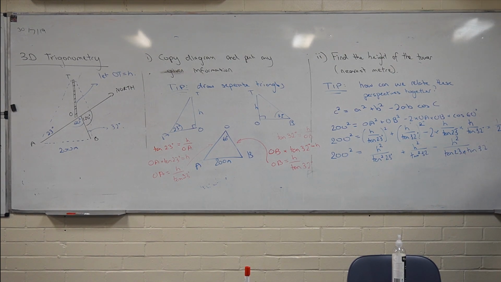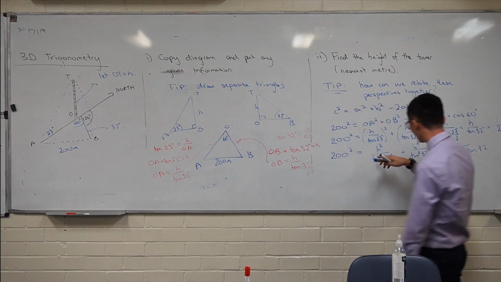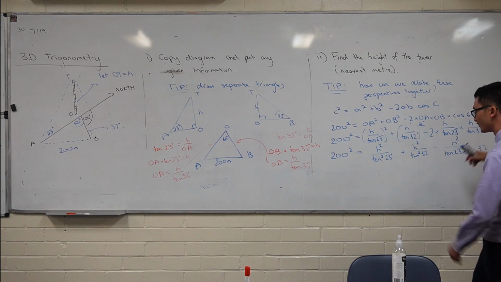Now, what's the whole goal of this? The goal is finding H, the height of my tower. If I want to get H by itself, I can factorize that whole thing.